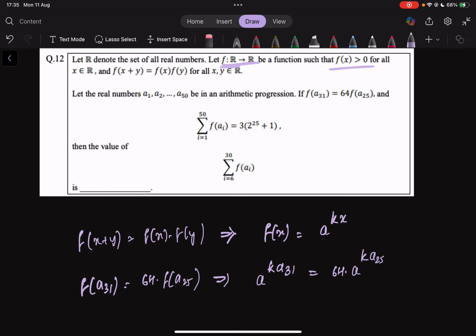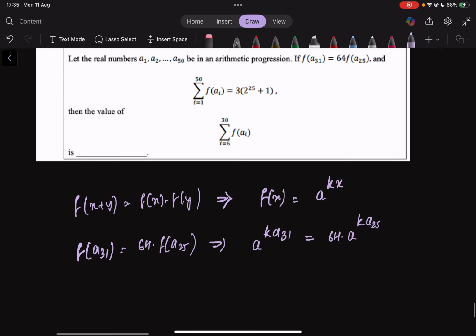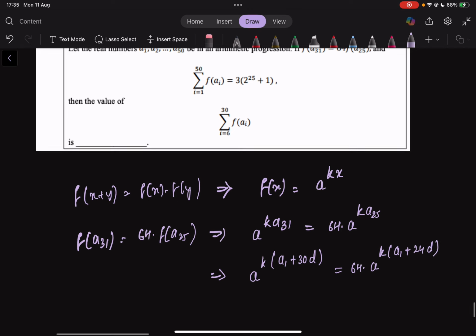Now they have given a1, a2 and so on up to a50, they are in arithmetic progression. So let's take the first term as a1 and the common difference as d. So the 31st term will just be a1 plus 30d. So that is equal to 64 times a to the power k times a1 plus 24d.